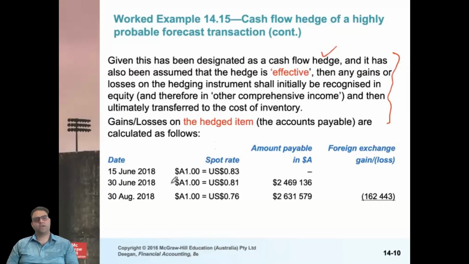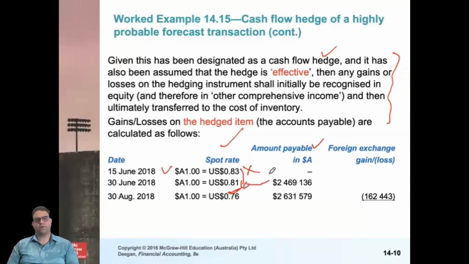So at the start, we calculate using the spot rate, like ways how much amount which is payable for each change in the spot rate. We start on 15 June. 15 June, there was nothing which is payable because that's the day when we enter into the contract. On 30th June, there is a reduction in the exchange rate from 0.83 to 0.81.